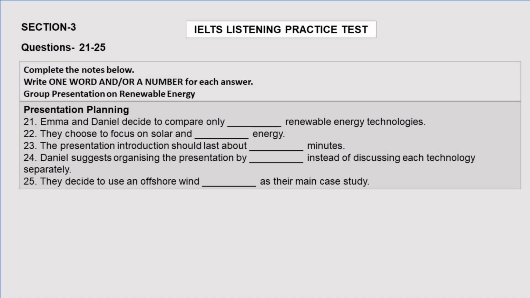Now turn to Section 3. Section 3. You will hear two university students discussing the preparation of a group presentation on renewable energy for one of their environmental science modules.